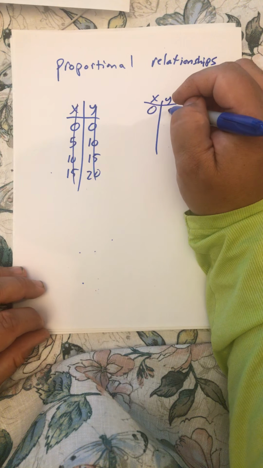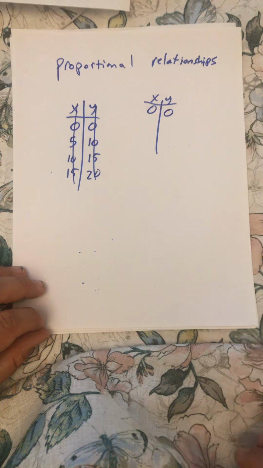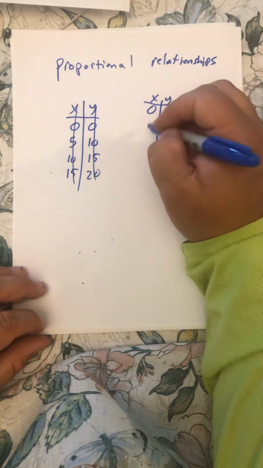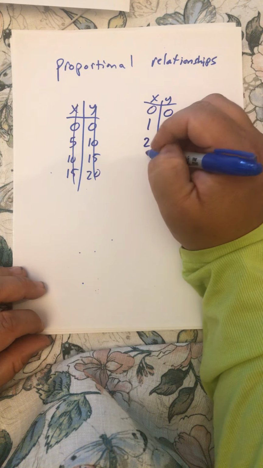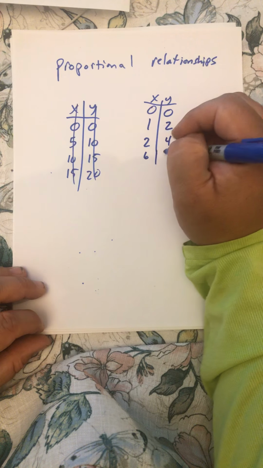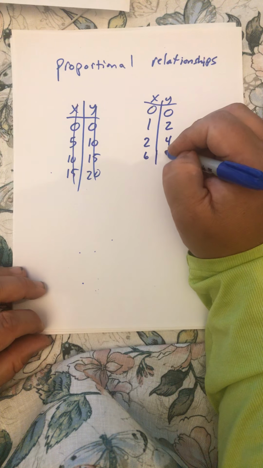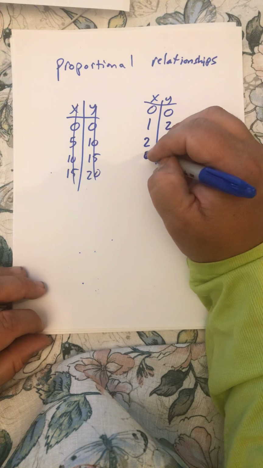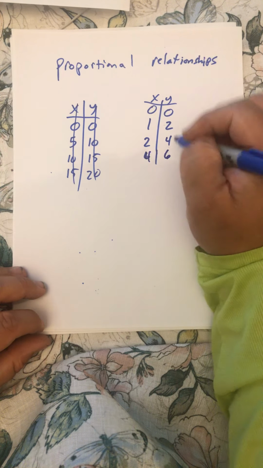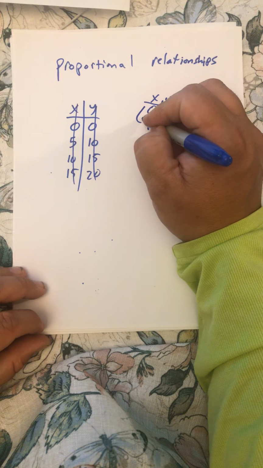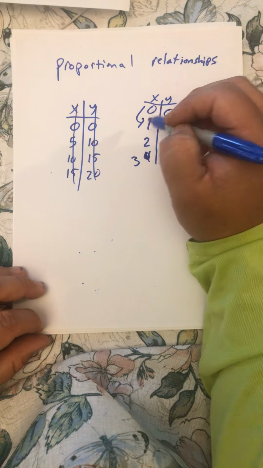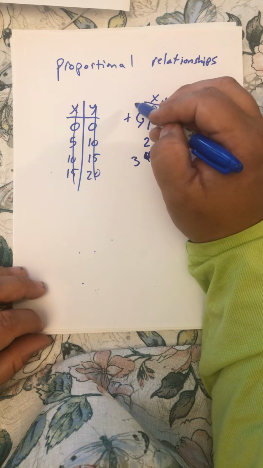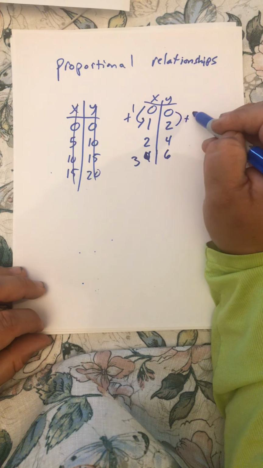So, for example, they all always have to be 0, 0. So if I go up 1, this will go up 2. This goes 2. This has to go 4, 6, and whoops, my bad, 4, and then this would be 6. So you can see that would be 6. My bad, 3 would be 6. So these are all going up 1, and these are all going up 2.